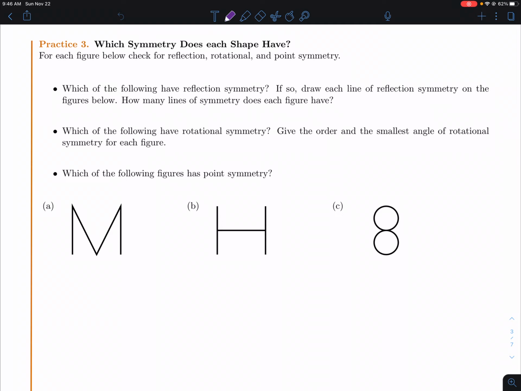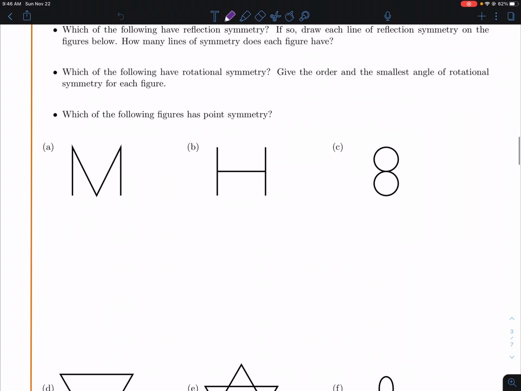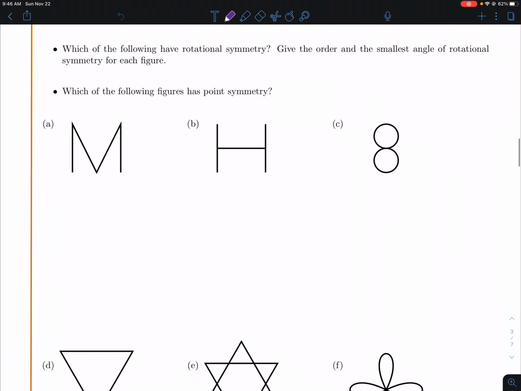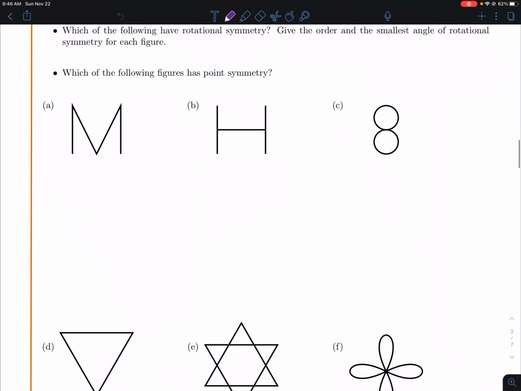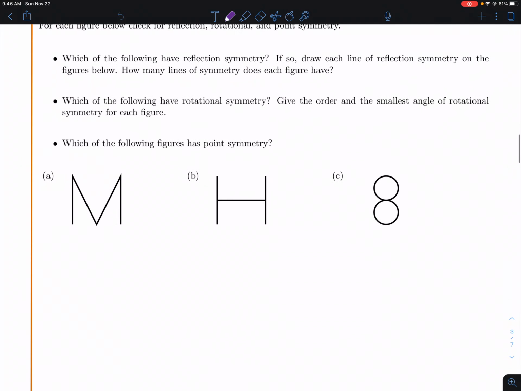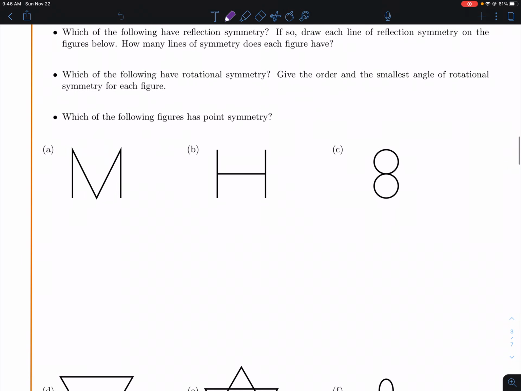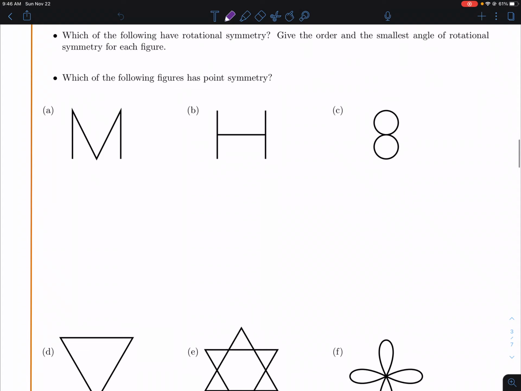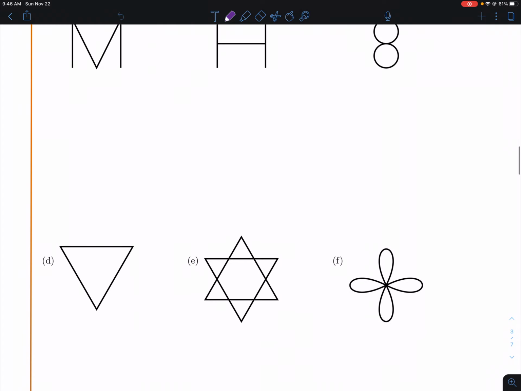All right, so for practice 3, this one is trying to figure out which types of symmetry each figure has. The nice thing is a figure can have rotational symmetry and reflection symmetry and point symmetry, in fact. So you're trying to decide all the different symmetries that each of these have. Go ahead, pause the video, and work on practice 3.